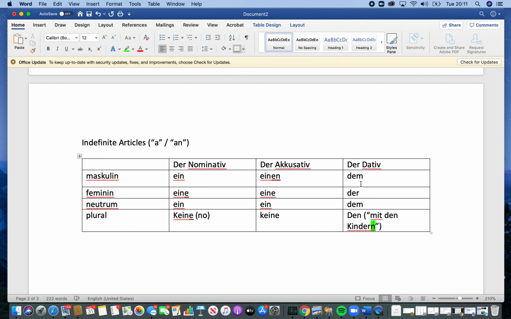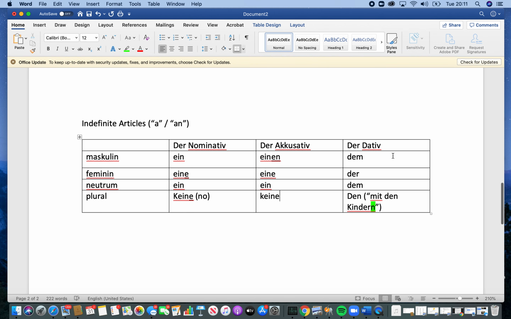So, dann haben wir den Dativ. So in dative, everything has an ending, including our neutral words that we haven't given an ending yet up to this point. So we have einem. So if you remember that dem, you can remember this ending as well. Just the same ending.